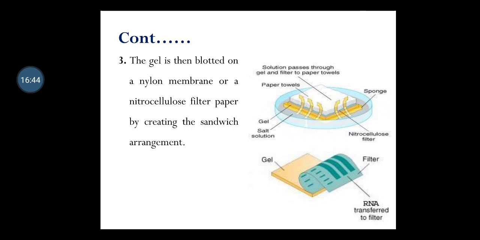In the diagram, we stick the different papers: the solution passes through the gel and filter to the paper towel. At the bottom you can see the petri plate, the sponge prepared with the salt solution, and the gel.